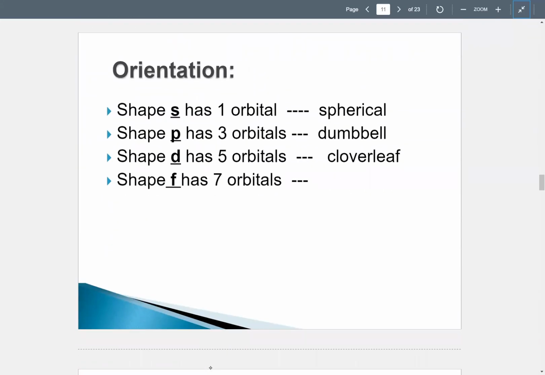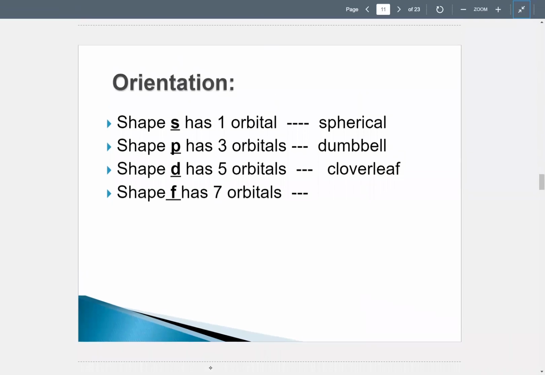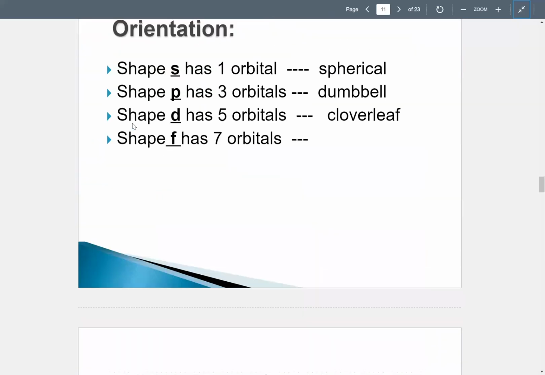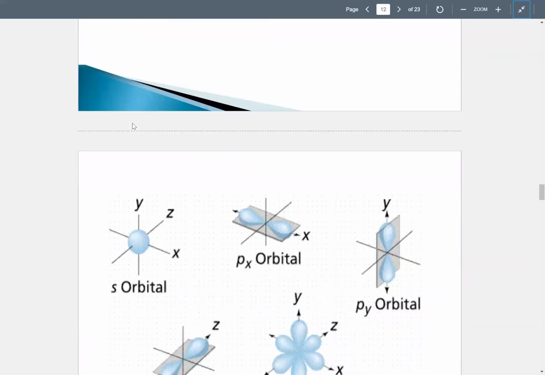And then if we're talking about the shape, the amount of orientations in space that this shape occurs is what we call the third principal quantum number. S is a sphere, as you can see right here. S is a sphere, and so it only has 1 orientation, because a ball is a ball no matter how you look at it. But for P, P has 3 orientations.